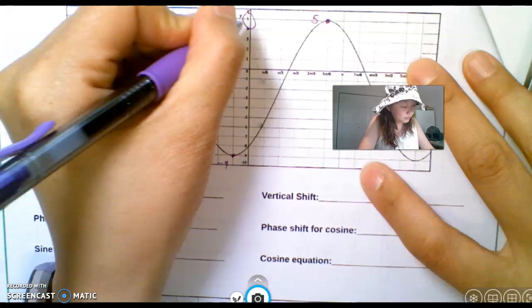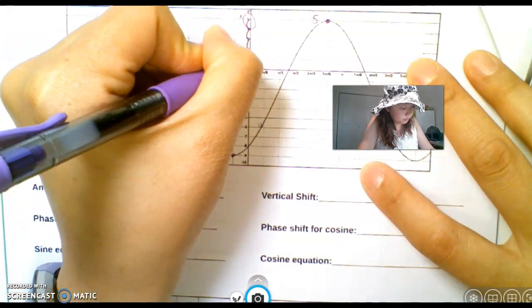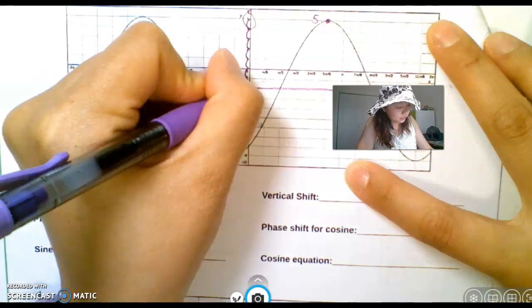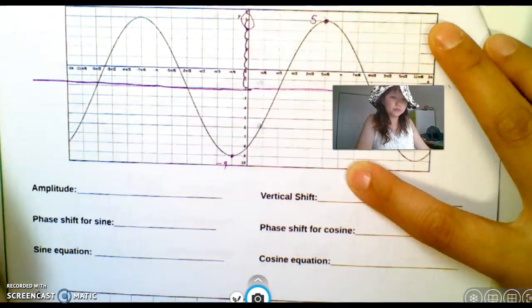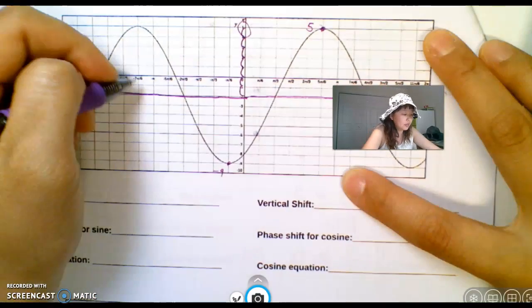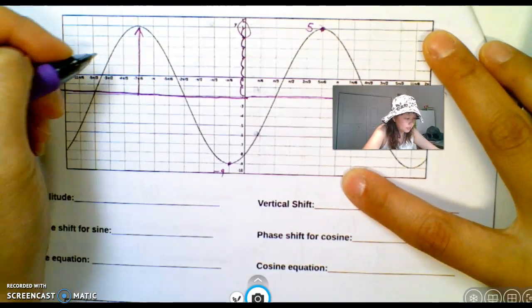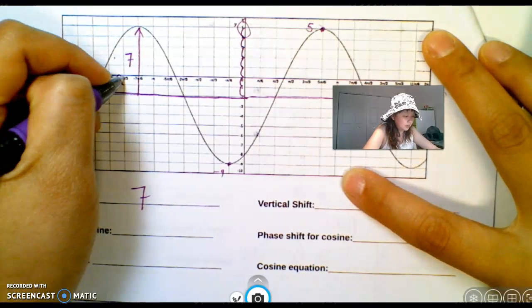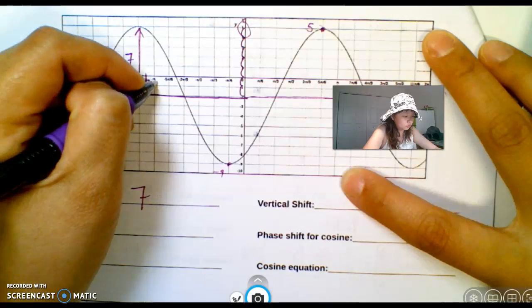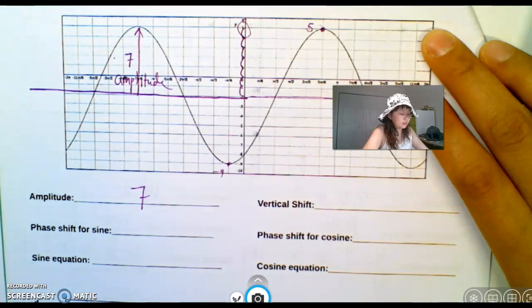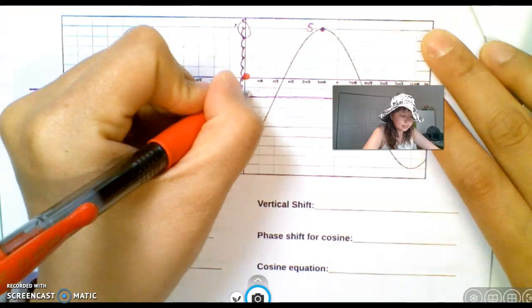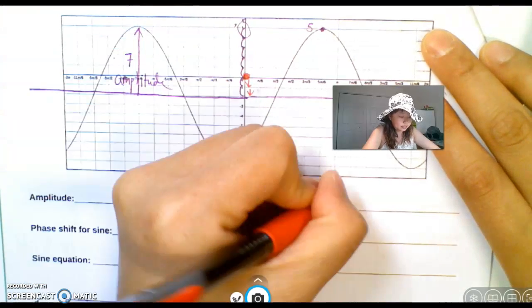So I have to go down 7: 1, 2, 3, 4, 5, 6, 7. Negative 2 is where the middle line is. Amplitude, the middle to the top, is 7. Vertical shift is from the x-axis to the middle line.